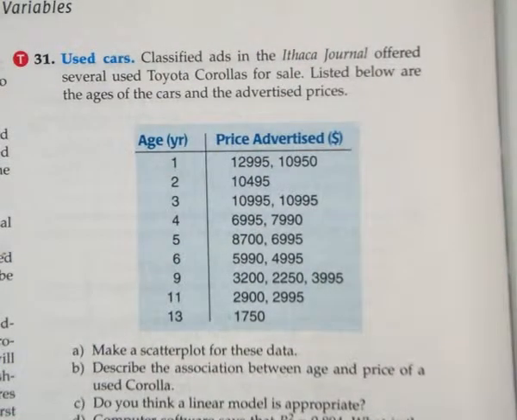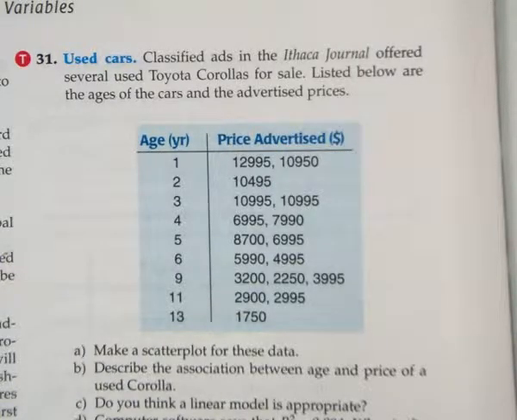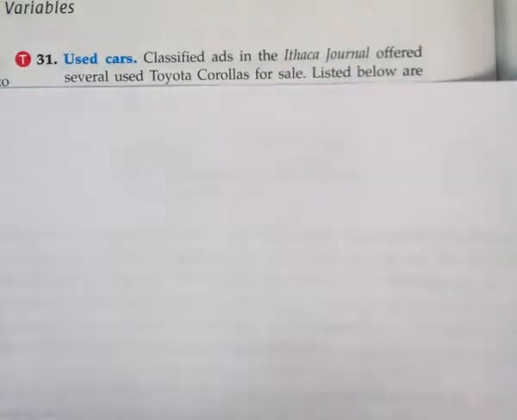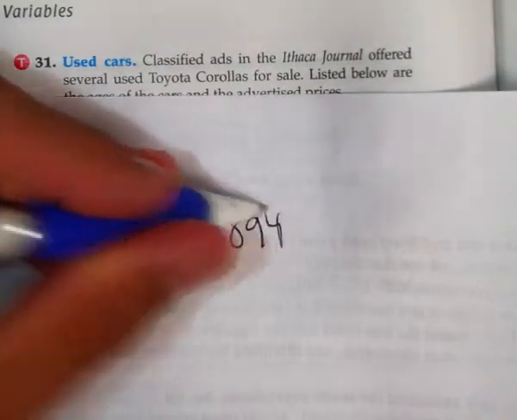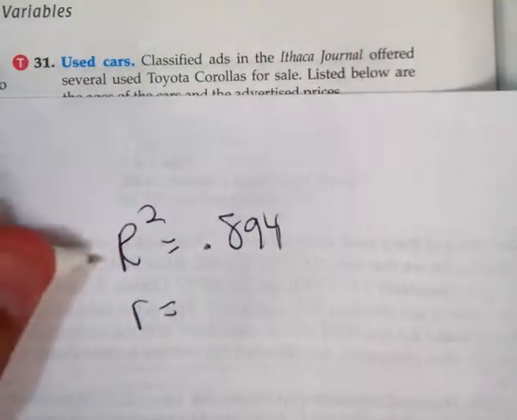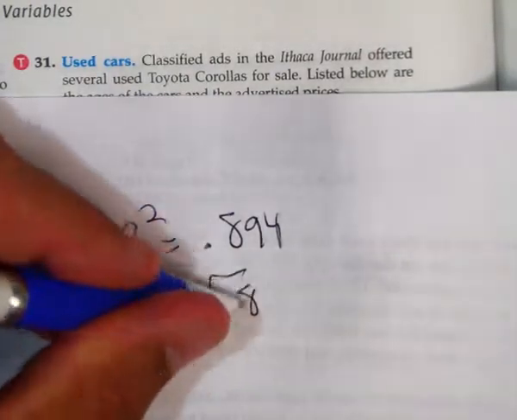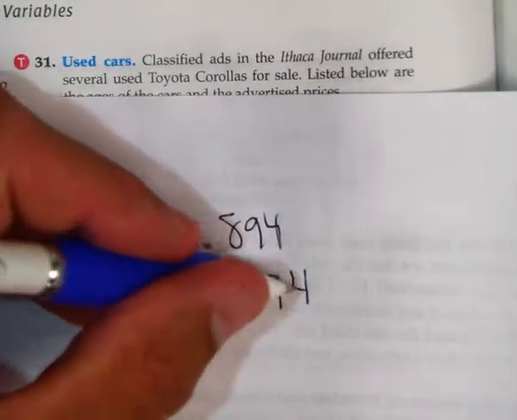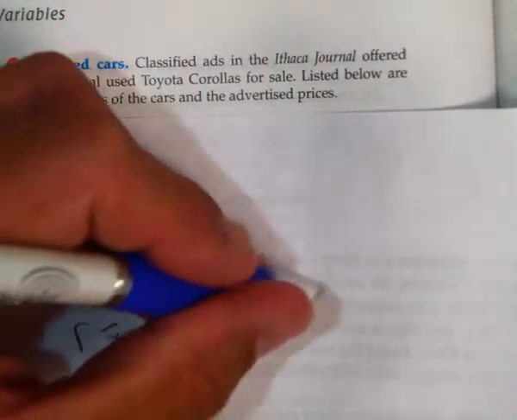And then question D says, computer software says r squared is 0.894. So what's the correlation? So r is the square root of 0.894. And if we do that, we get 0.946.